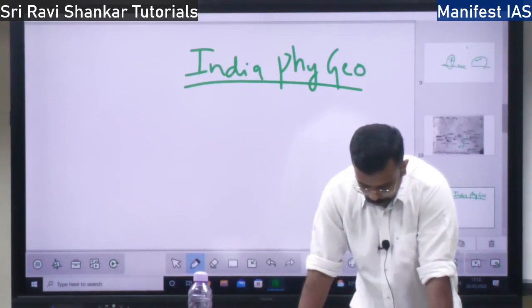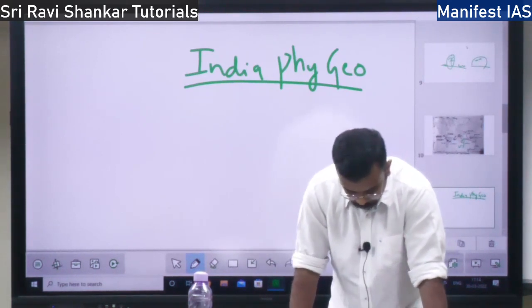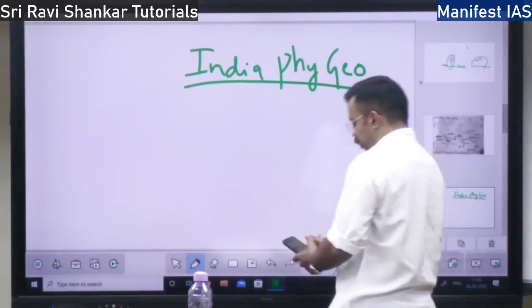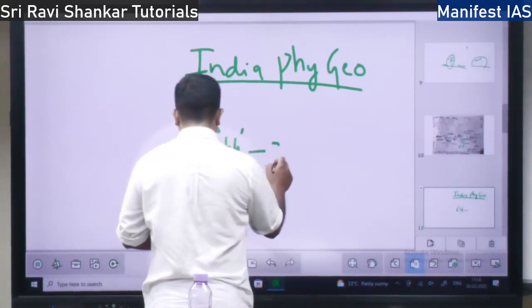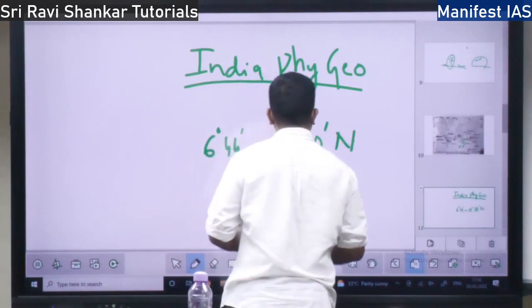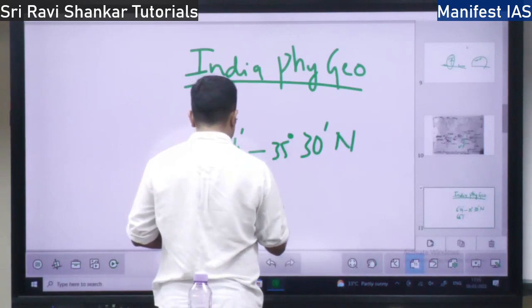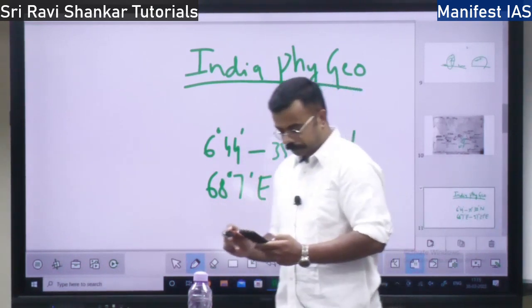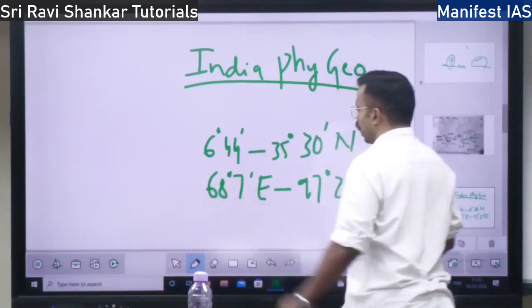So India begins from 6 degree 44 minutes north to 35 degree 30 minutes north, which is the latitudinal extent, and 68 degree 7 minutes east to 97 degree 25 minutes east is the longitudinal extent, right? Latitude is horizontal, longitude is a vertical line.